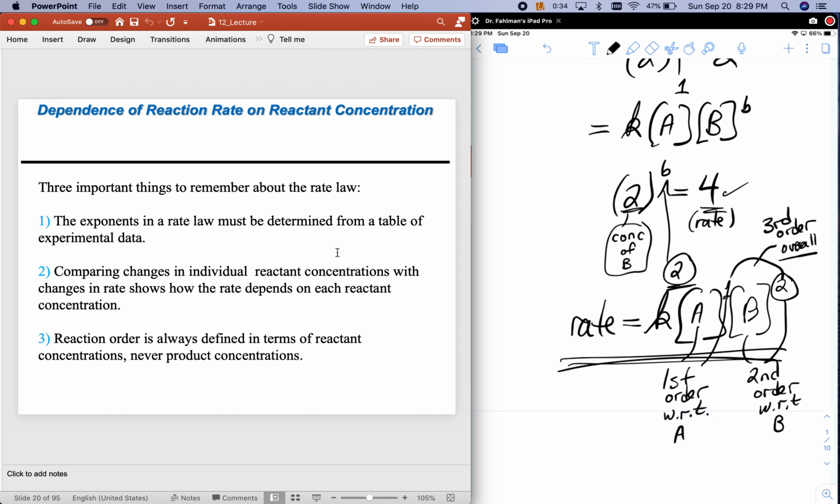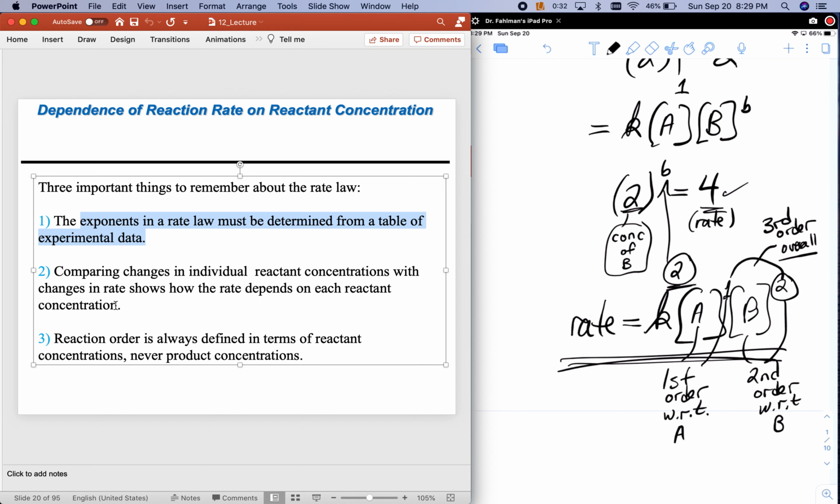Before we get into these Chem 101 questions, here are the important aspects about a rate law. The exponents have to be determined from actual data, so you can't get them from the balanced reaction. Comparing changes in individual reactant concentrations with changes in rate shows how it depends on each concentration.